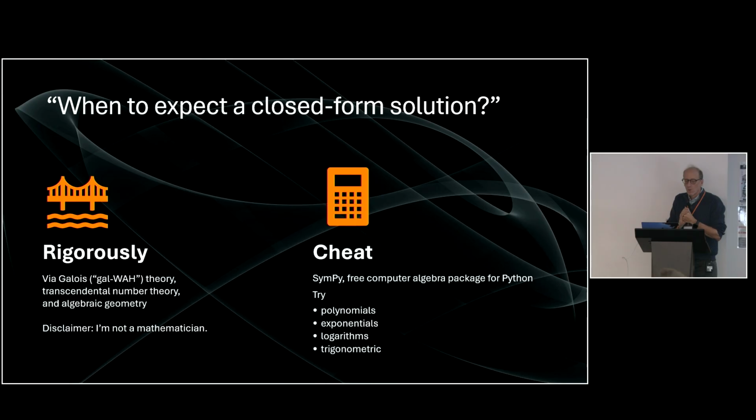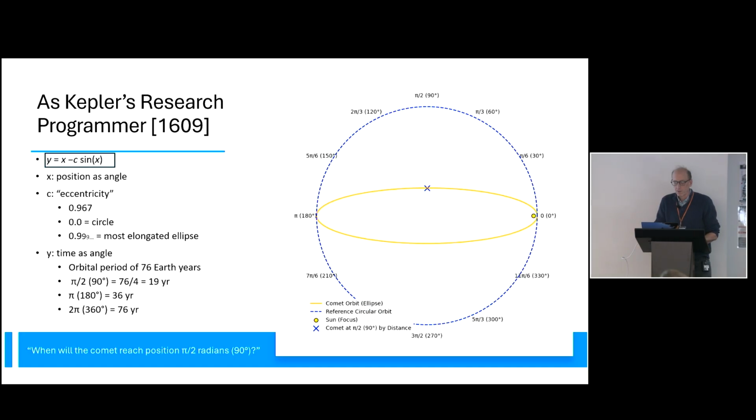Or for some of these other equations we'll look at, you need to go into transcendental number theory or algebraic geometry classes that even a math major probably wouldn't get until they're a grad student. I'm not a mathematician, so we're going to use SymPy, which is a free computer algebra system for Python. And we're just going to try a bunch of stuff. We're going to try polynomials, exponentials, logarithms, and trigonometry functions and see what we can observe.